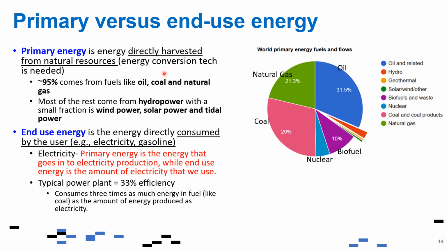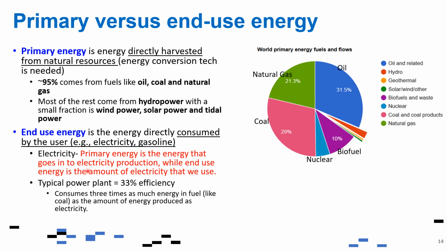The other end of this term is end use energy, which is basically the one that the consumer is using. So primary energy is transferred into end use, but the amount of energy you have here, as shown in the previous slide, is much bigger compared to the end use energy because of a lot of losses along the way. And so this is the energy directly consumed by the user. So it is in the form of electricity or gasoline, because gasoline is already a processed fossil fuel.